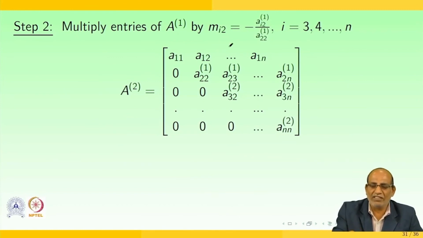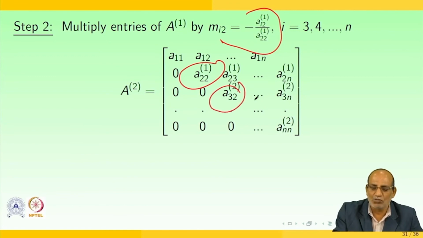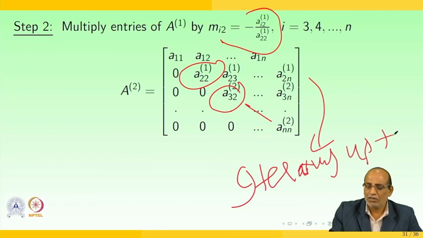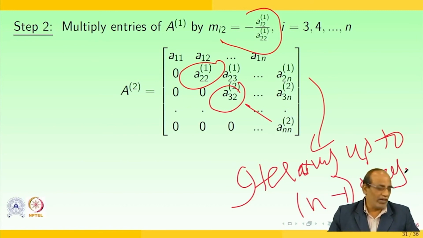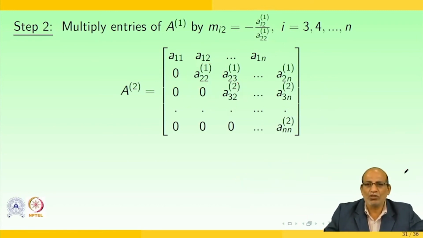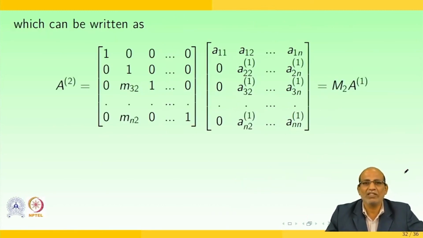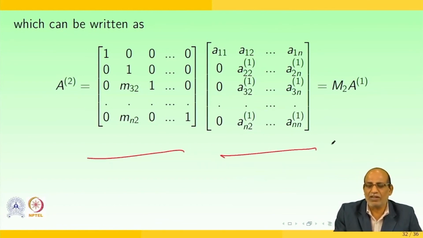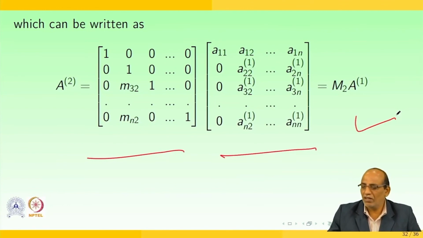The multiplied entry of A1 is m21, so this one and next this one. So I do it iteratively, each row, iteratively up to n minus 1 rows. I keep on doing this process. If I do this process, it can be written as A2 equal to this matrix.